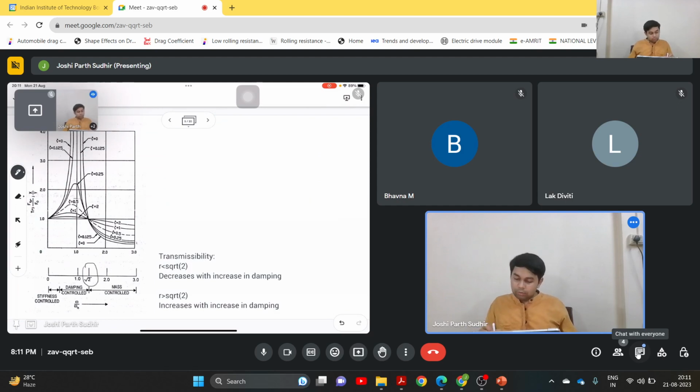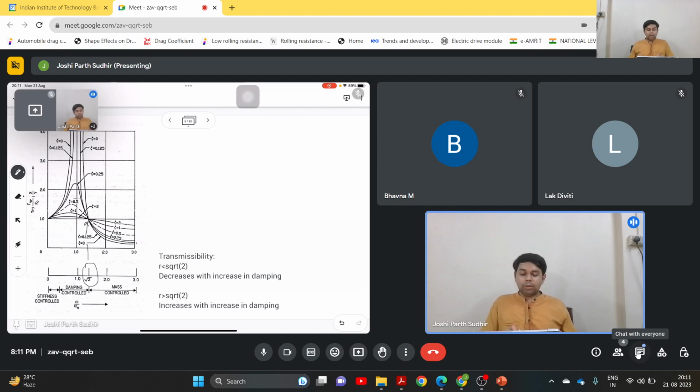We can see that here in this graph, this is the plot of this curve from some textbook. Here you can see that this root 2 is the point at which this crossover is happening.